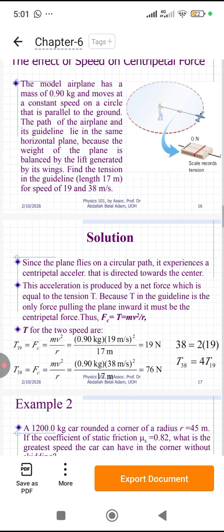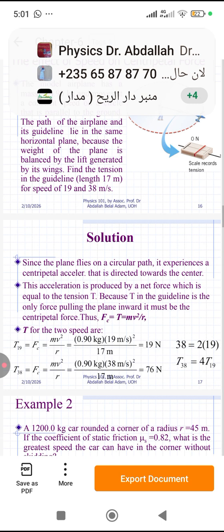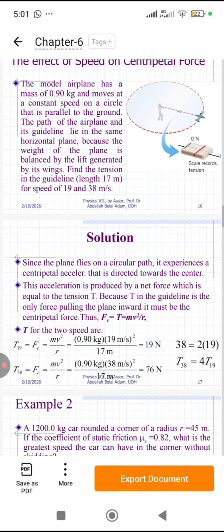The acceleration is produced by a net force, which is equal to the tension T. Because T, the guideline, is the only force pulling the plane inward, it must be the centripetal force. T is the centripetal force.